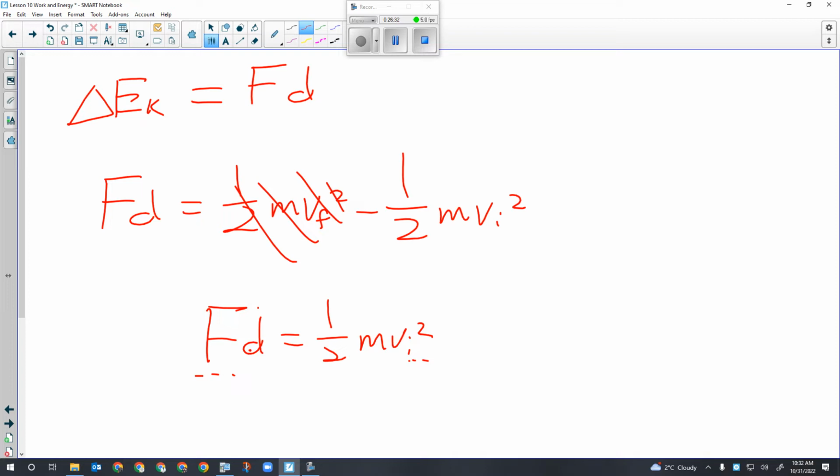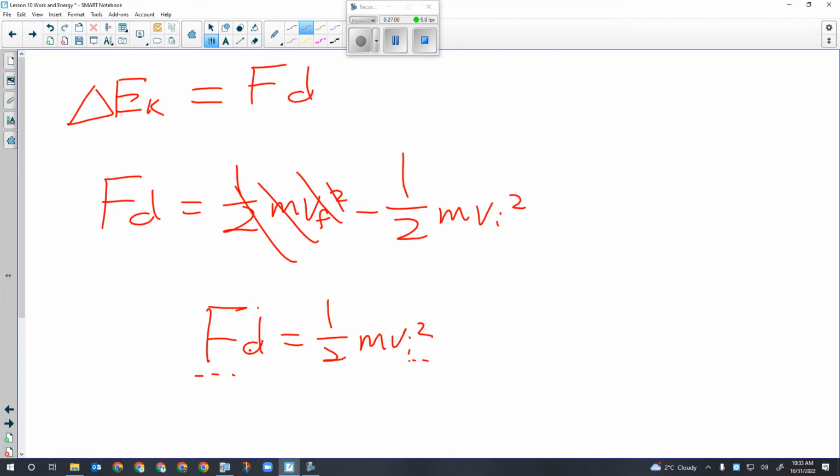It gets bigger, exponentially. So if I'm going 30 kilometers an hour, it's going to take me X amount of distance to stop. If I'm going 60 kilometers an hour, it's going to take me 4X to stop. I double my speed, but I quadruple my stopping distance.